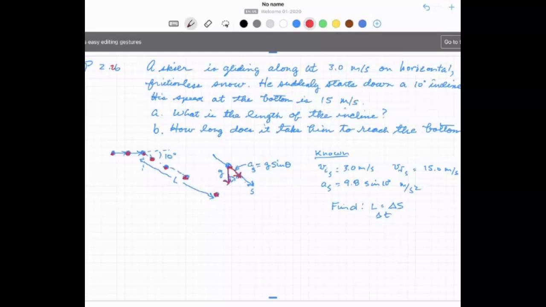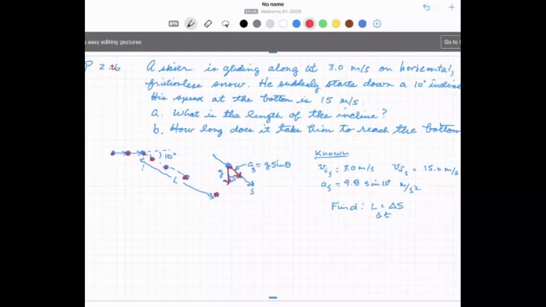The total distance from the top of the hill to the bottom of the hill along the direction of the path I've labeled as L. And L is one of the unknowns that we're asked to find in this problem.